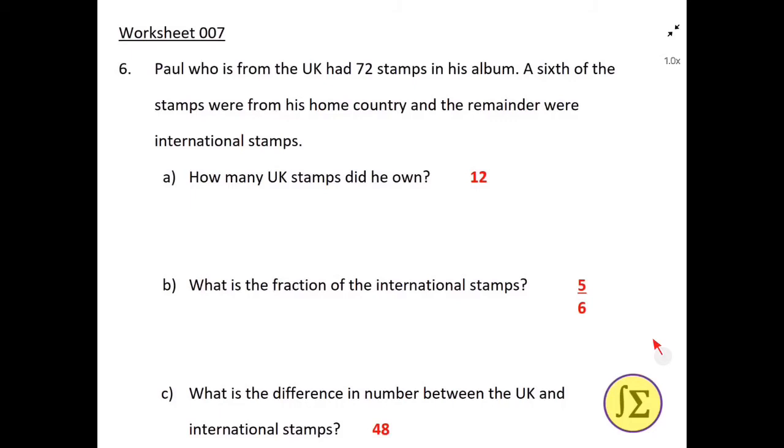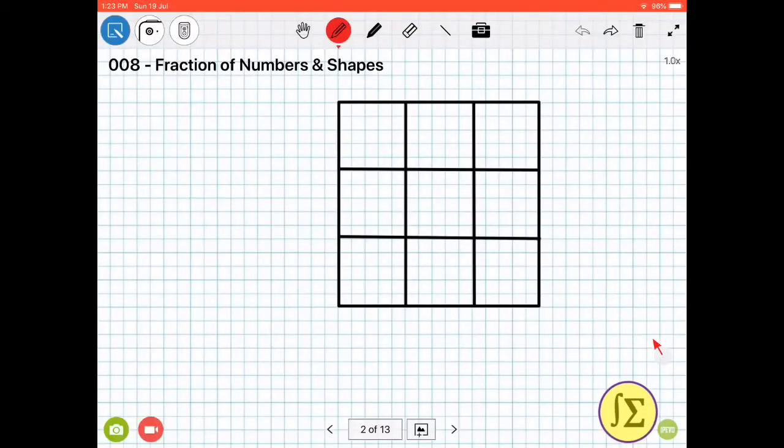All right. Okay, we have looked at fraction of numbers. We will also look at fraction of shapes. We did this in the very first lesson, some basic shading of shapes and figures to represent the fraction. Let's take an example of showing 2/9 or hatching 2/9 on the figure.